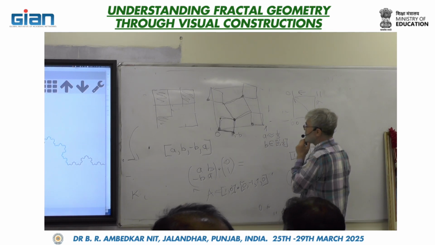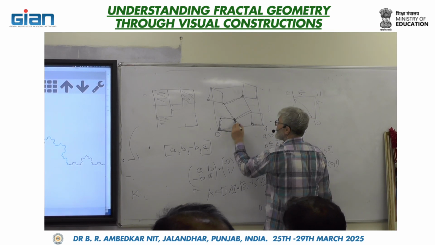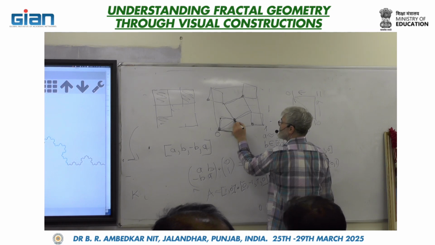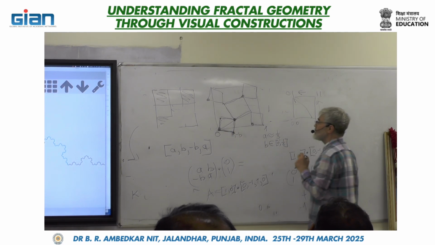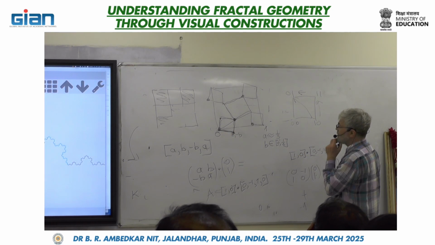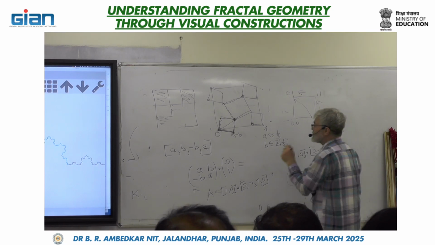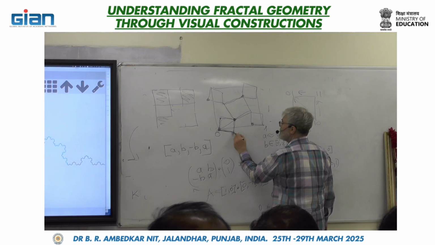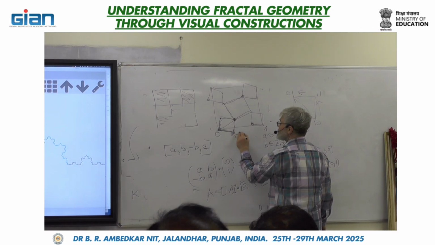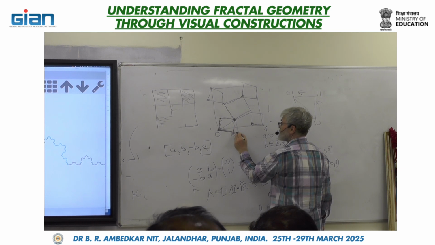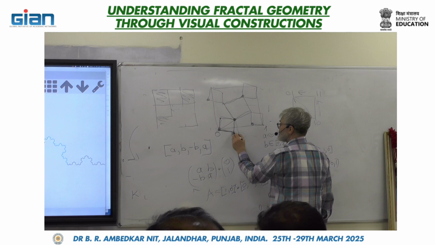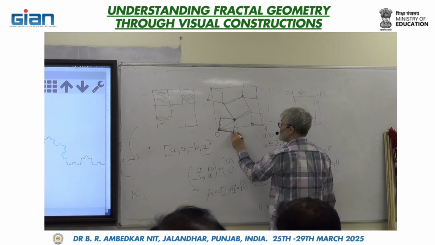What is it? What is this vector? Do you know it? So it's A minus B. This is B minus A, minus B. This is BA. Yes?